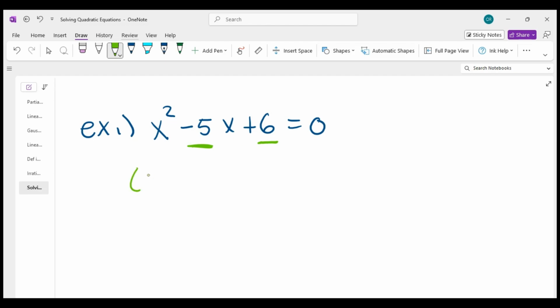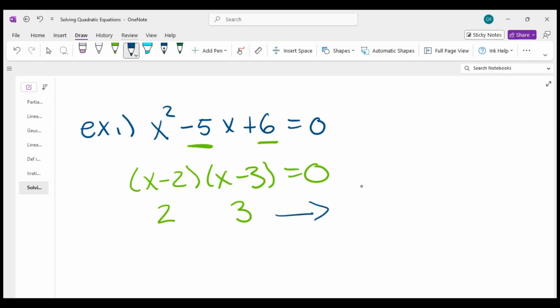So then your factors would be x minus 2 and x minus 3, and we just have to set these equal to 0. So when does x equal 0 in these cases? x equals 0 at positive 2 and positive 3. Therefore, our answers are x equals 2 and x equals 3.